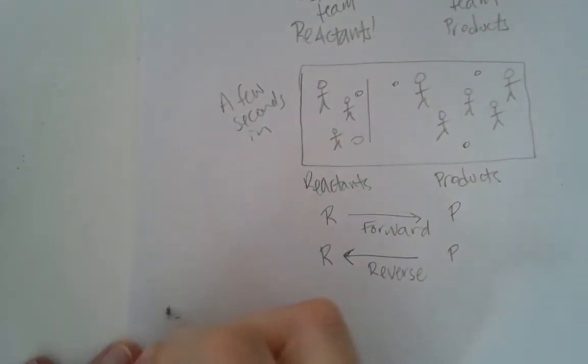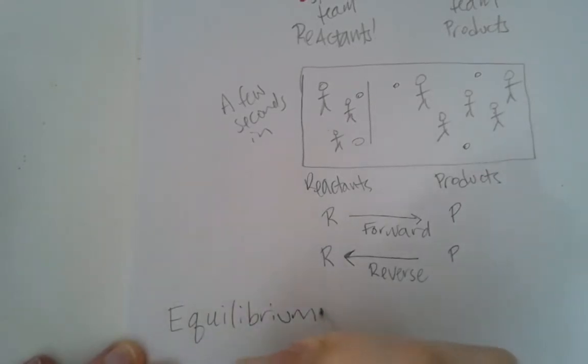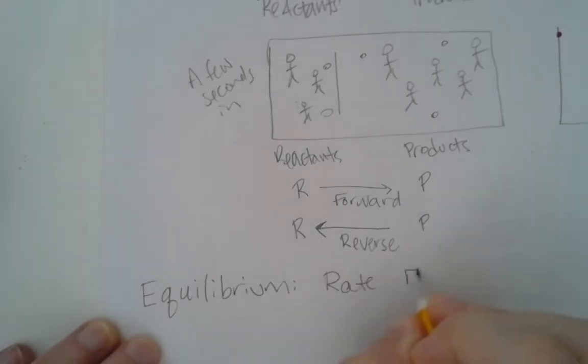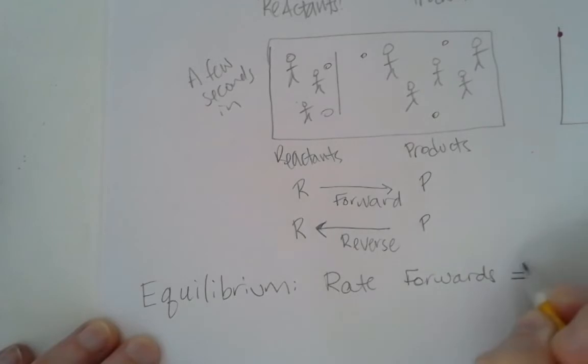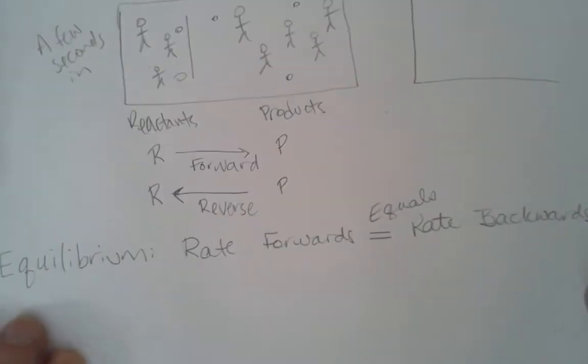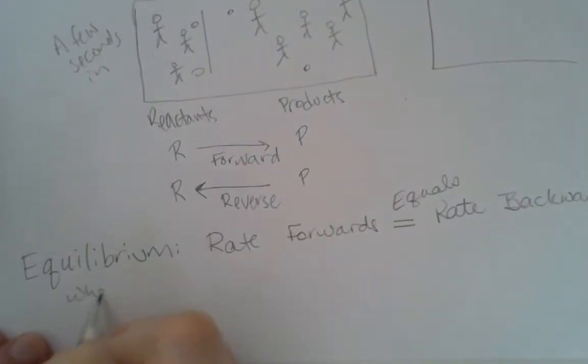And equilibrium is if the rate forwards equals the rate backwards, that is equilibrium.